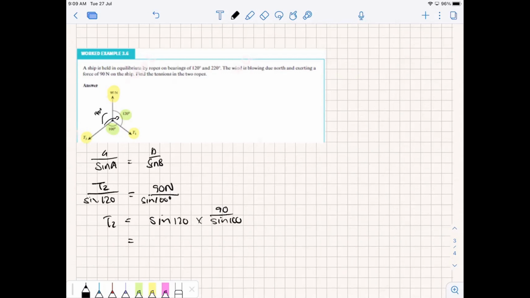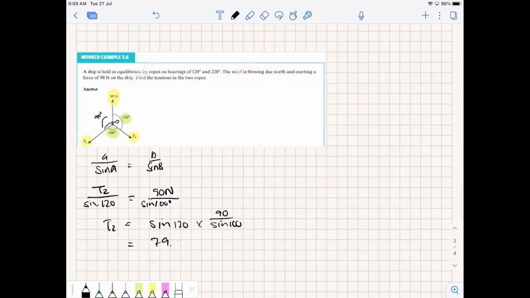Your calculator will make short work of that, and you will get T2 equal to 79.1 newtons. So in two lines, we've resolved those vectors. Right? If you had to split them up into their components, you would have to pick your line of action, you'd have to see which components to split up, you'd have to take the vertical and horizontal, and then solve simultaneously if required. Okay? Whereas we've just done this in two lines.